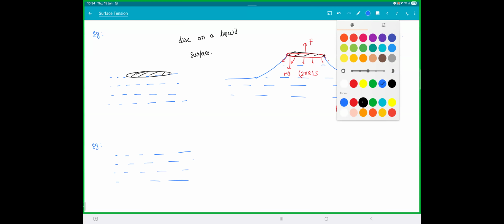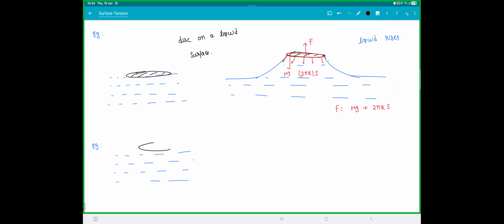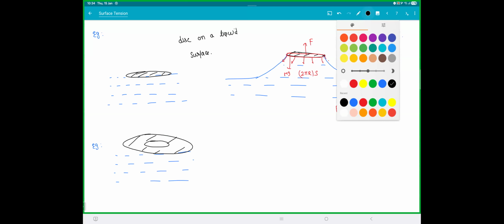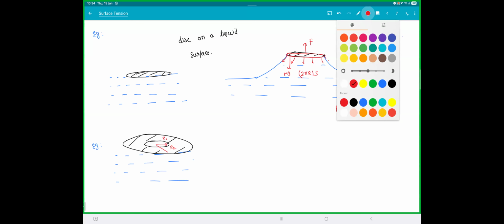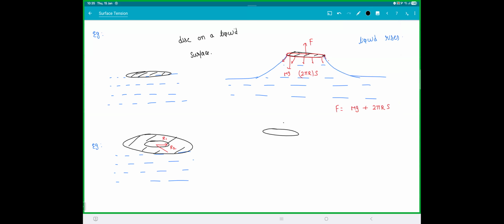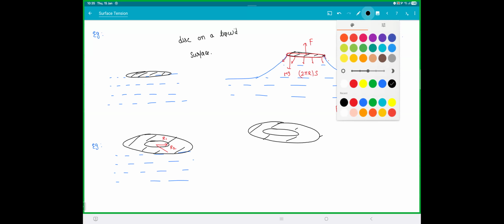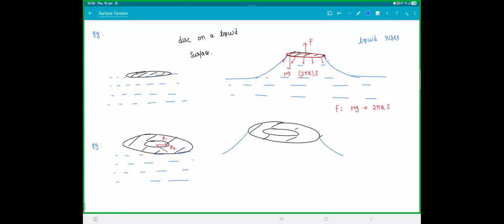If you have a liquid surface and we keep a disk like this, a disk with a cavity, this is R1 and this is R2. Now, if you try to pull this thing, this is how the liquid surface will look.